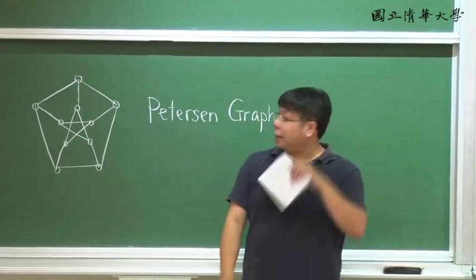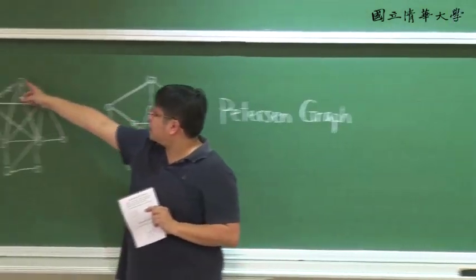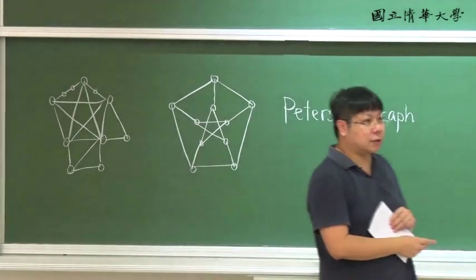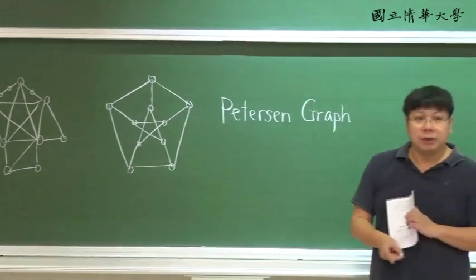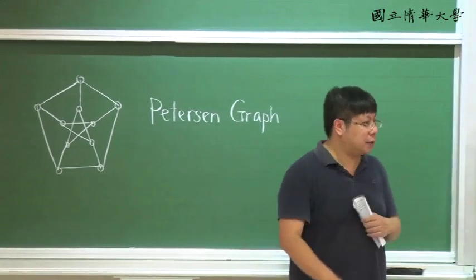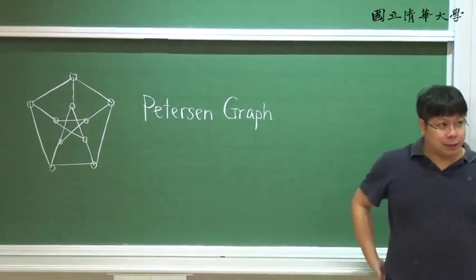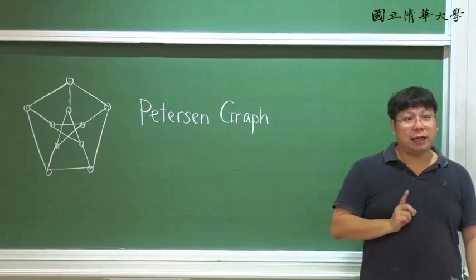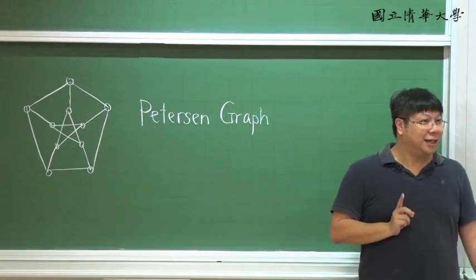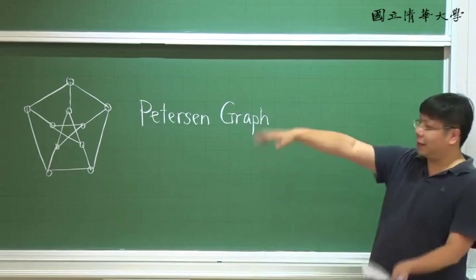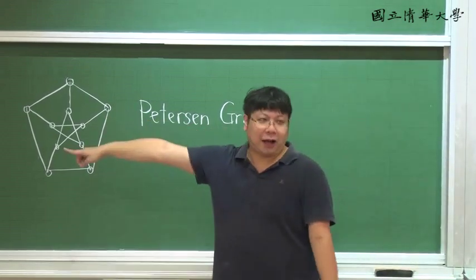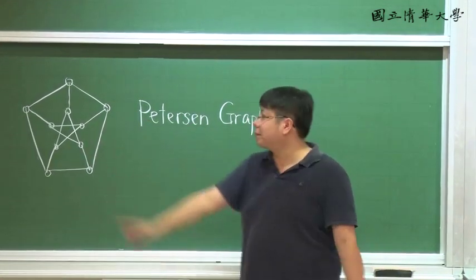But in K5, each vertex is connected to 4 edges, so the degree is equal to 4. So it is not possible to find a K5 inside. Instead, let's try to find a K3,3. Although it looks really like a K5, we should find a K3,3 for this graph.